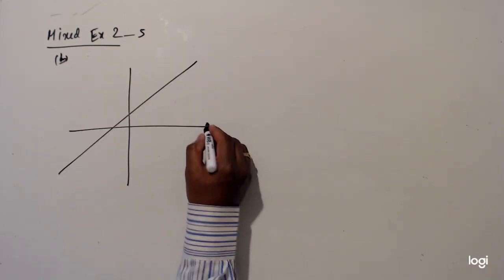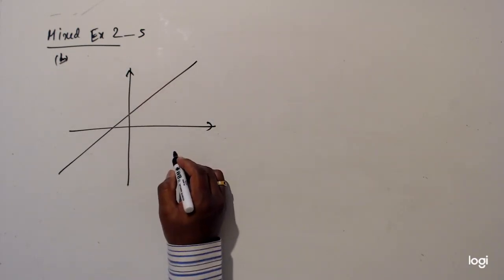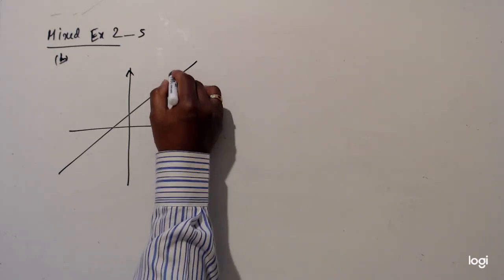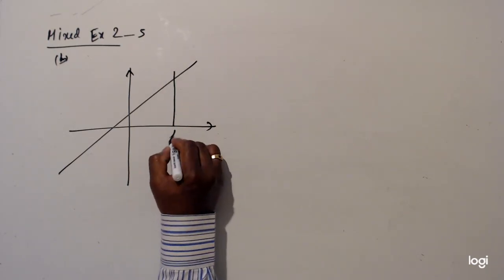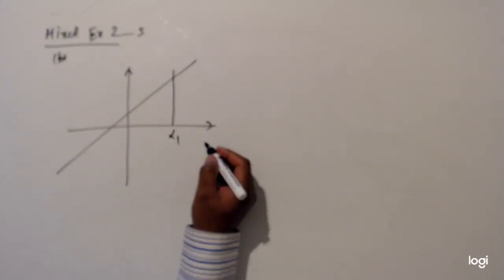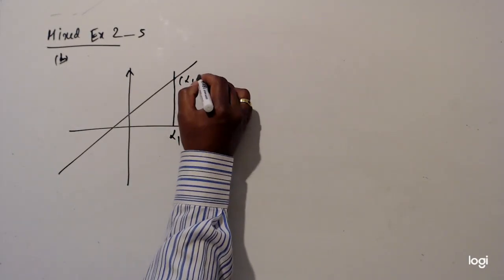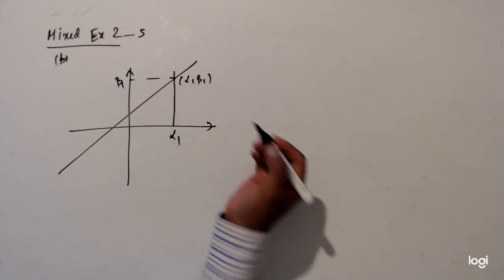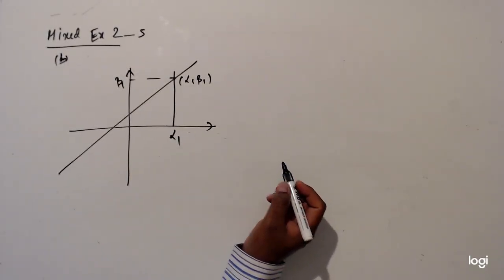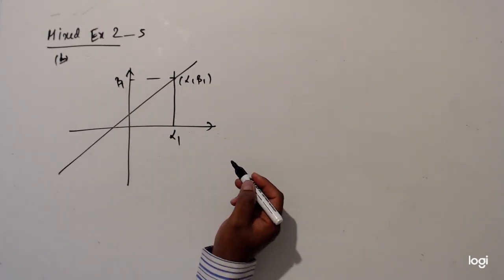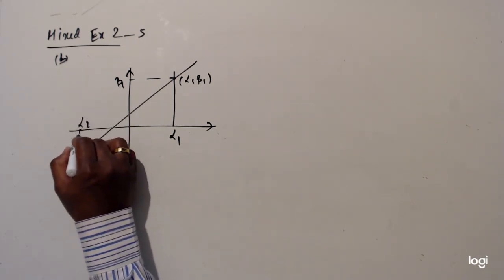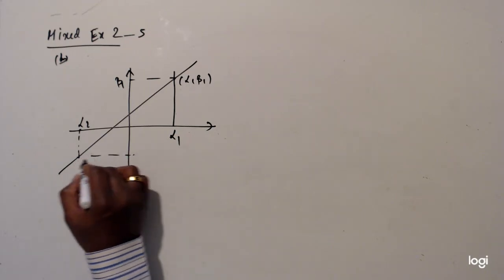Part B is a line. For any x value, let's say this is alpha 1, and this is beta 1. And if you take this is alpha 2, so this is beta 2.